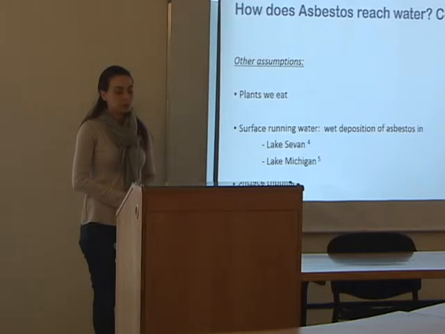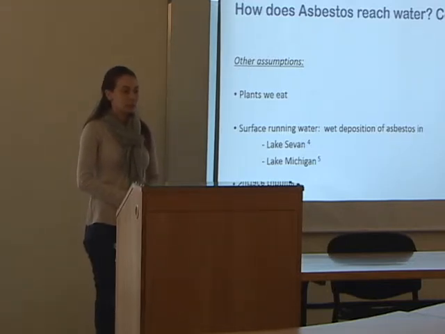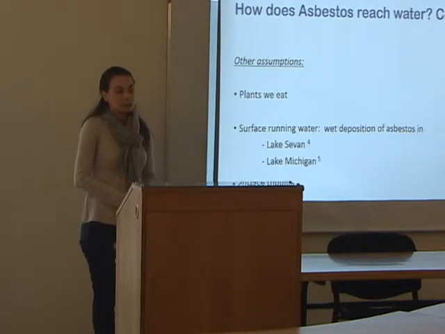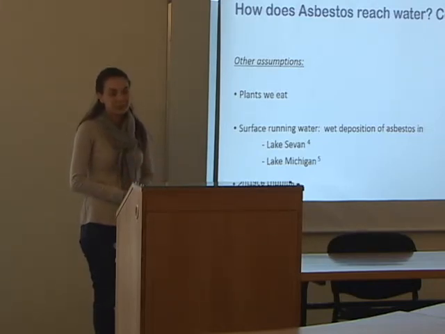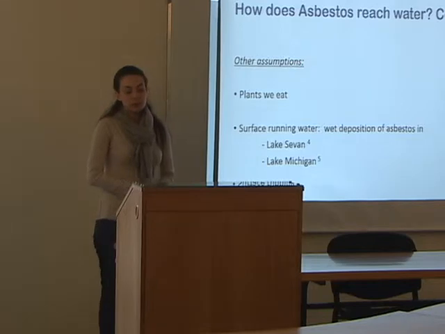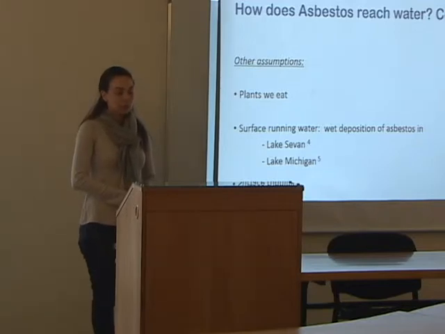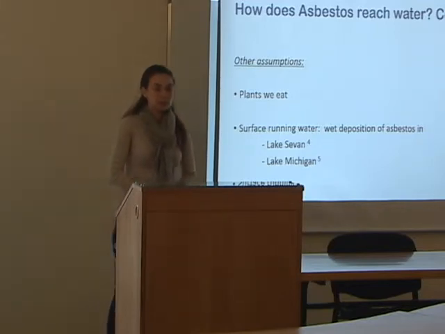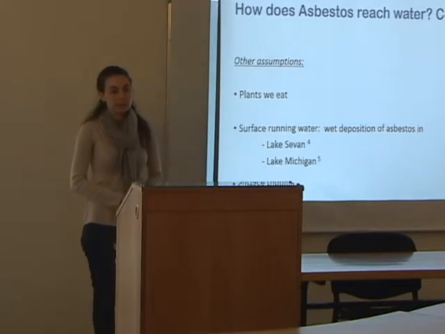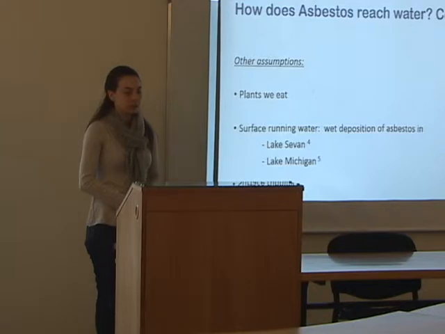It was found in 2002 that it contains asbestos. And I really don't know the pathway of Lake Sevan, if they really use it for drinking water. But if people use it for drinking, they might be swallowing it. Also, I found a really old literature from 1977 indicating that Lake Michigan at that time was containing asbestos too.